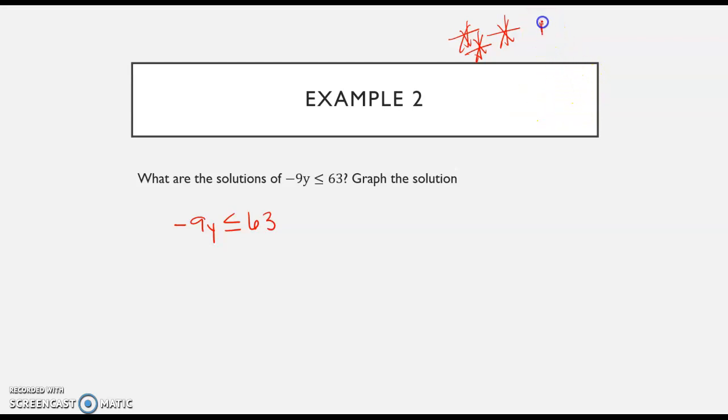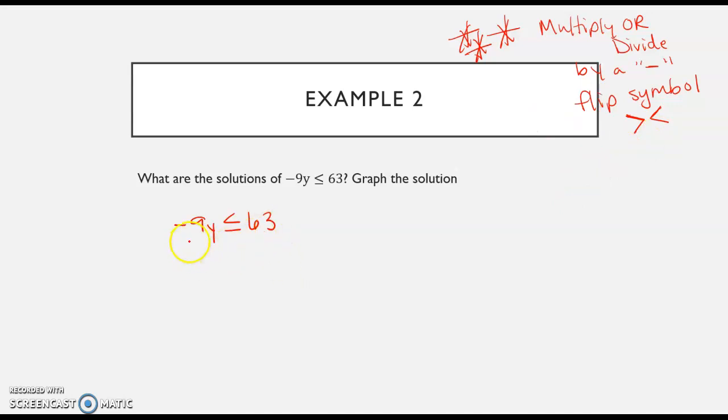When we multiply or divide by a negative, we need to flip our symbol. And if you're like, well, what symbol? You need to flip this symbol. And yes, I know I'm going to make it look like a face. Okay? But we need to flip our inequality.